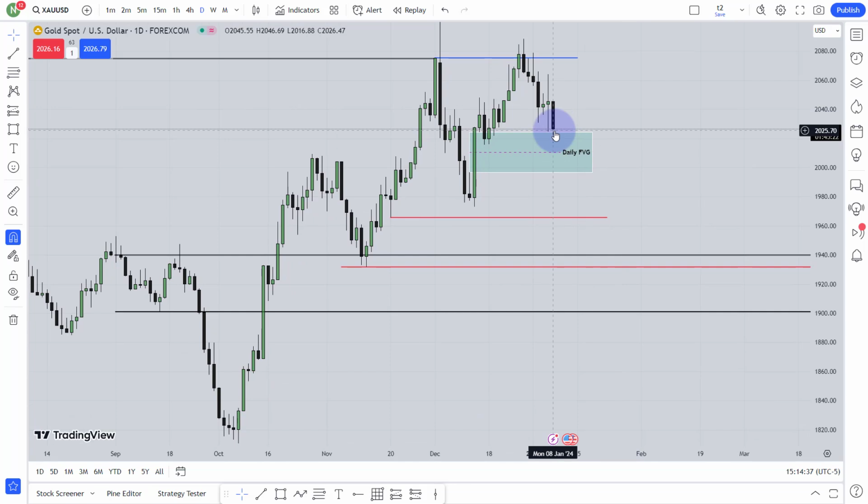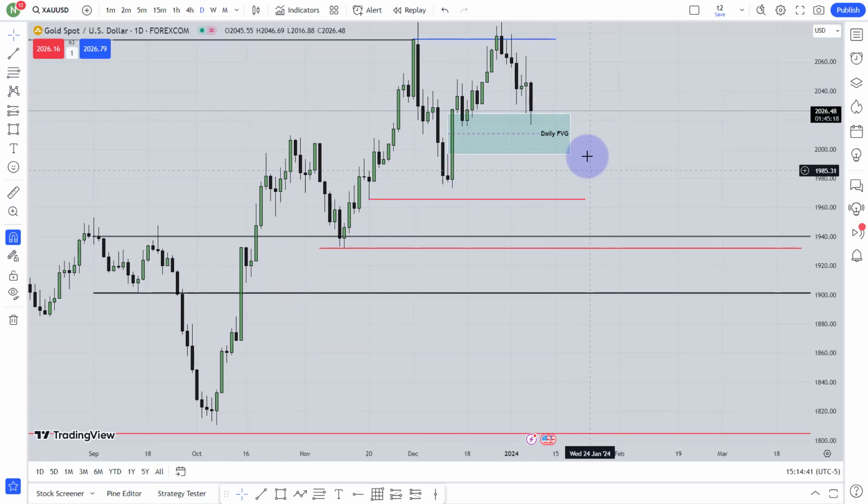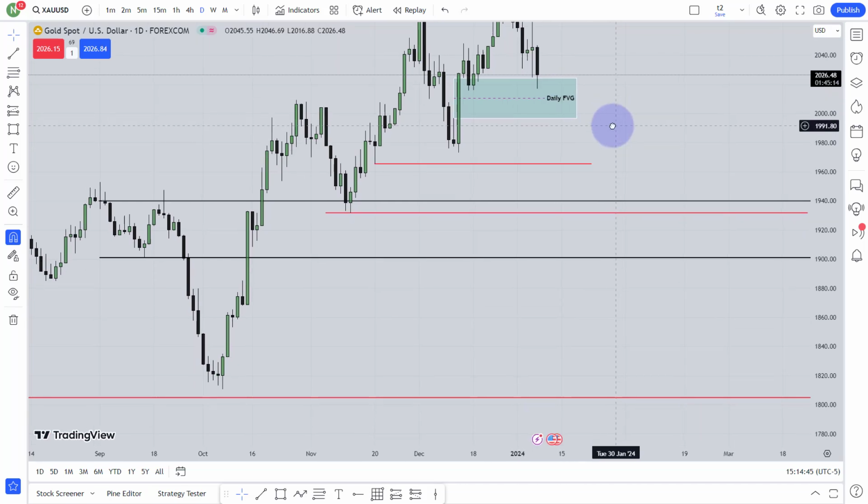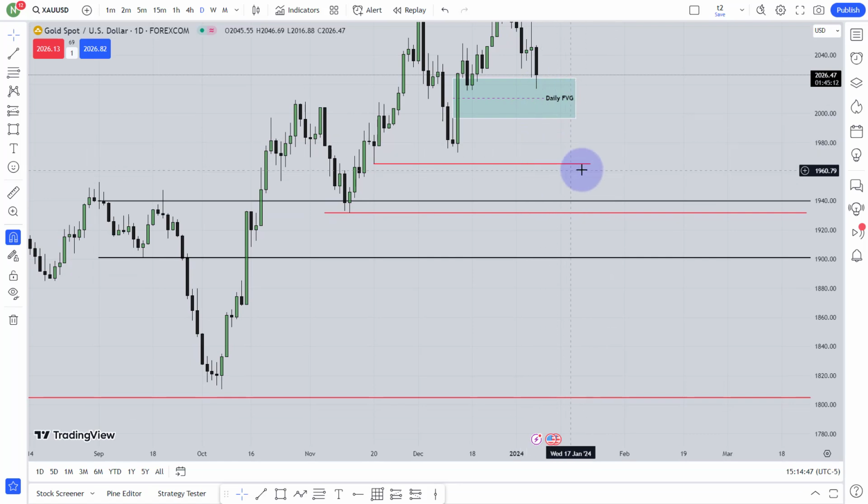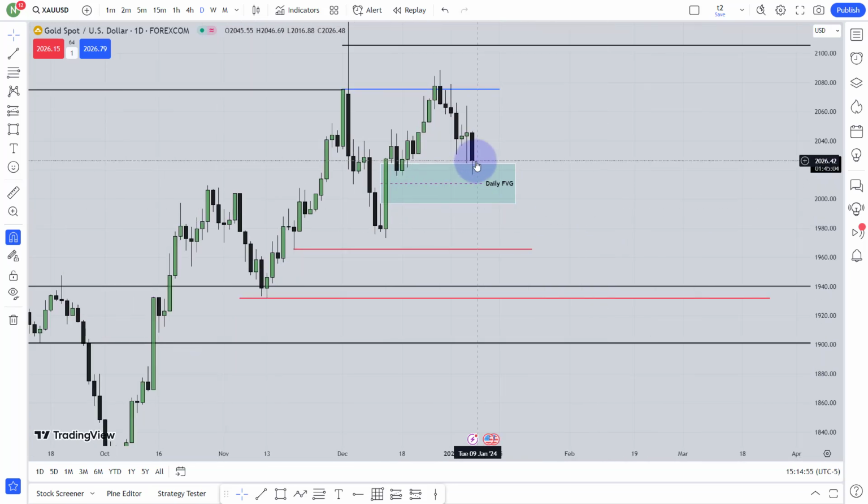So what it needs to do first, it has to take a sell side liquidity first. Yes, it can do some kind of retracement, but think that way, it is going to take that sell side liquidity, then this sell side liquidity, maybe it will come to any of these fair value gaps. But here you can expect some kind of rejection, I mean the reaction from the last daily fair value gap.